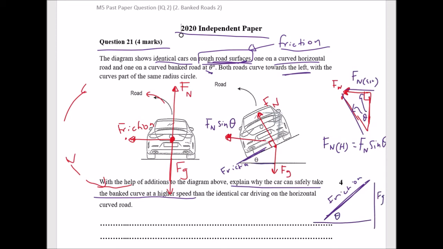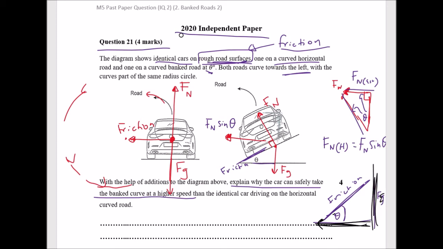This is theta. The force component I'm trying to look at is this horizontal component that's derived from our friction force. Because friction is at an angle, it should have horizontal and vertical components to it.